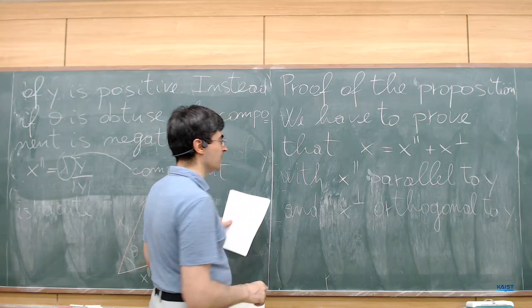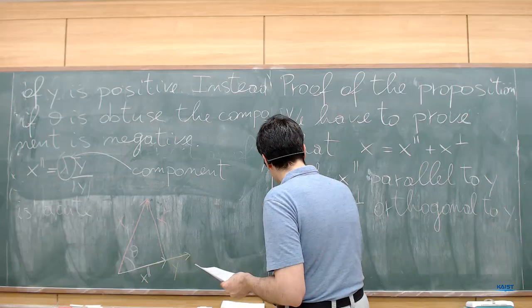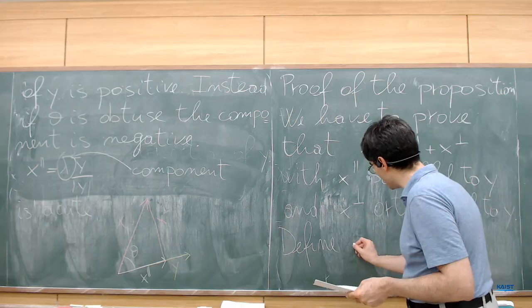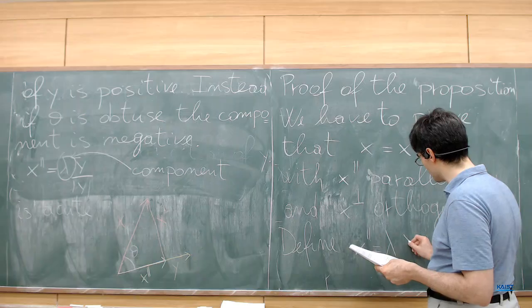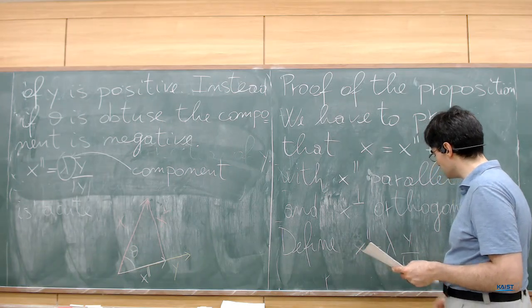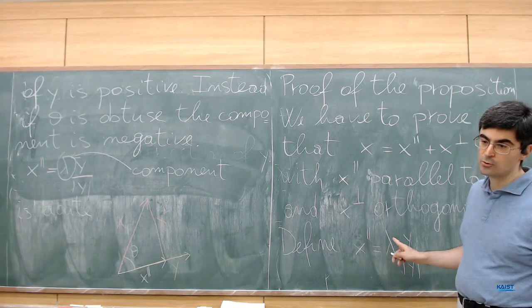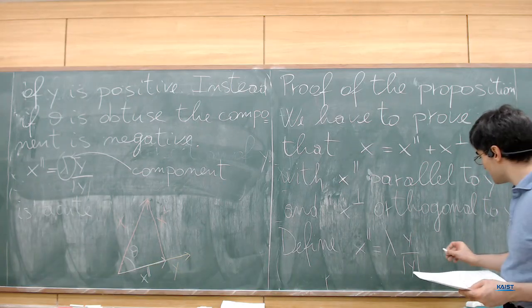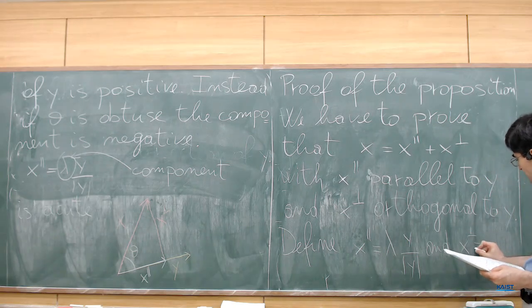Okay, so in order to prove this statement, we define x parallel as lambda times y over length of y. Observe that this is the point where we are using the hypothesis that the length of y is non-zero. And x orthogonal as the difference between the vectors x and x parallel.